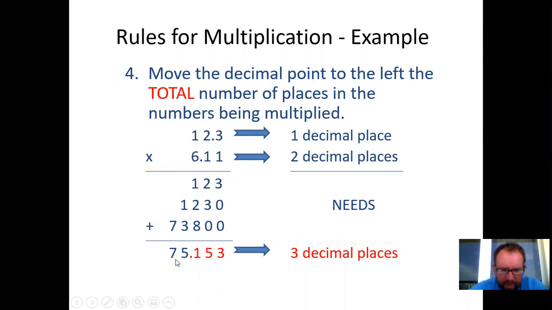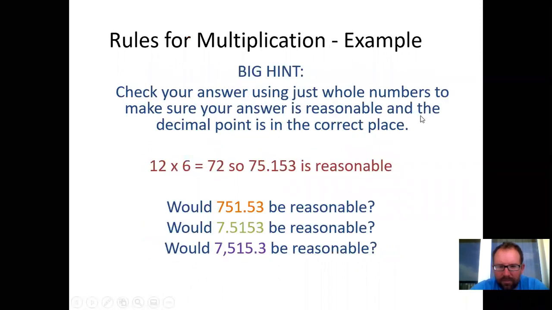So if my number is 751, is that anywhere close to the, even if I was just multiplying my 2 numbers here, if I was multiplying 6 times 12, I'd get 72. If I'm multiplying and I get 7.5, I know my decimal's not in the right spot. If I get 751, still not in the right spot. My answer needs to be something close to 72, okay?